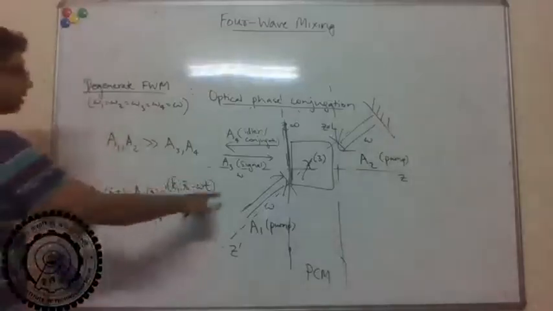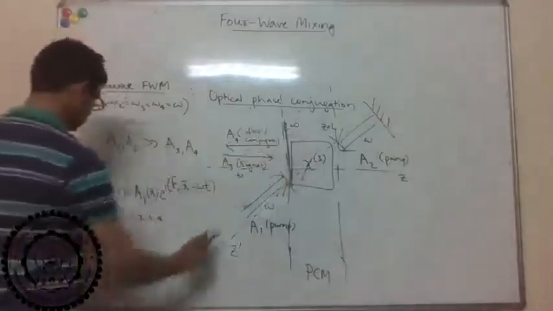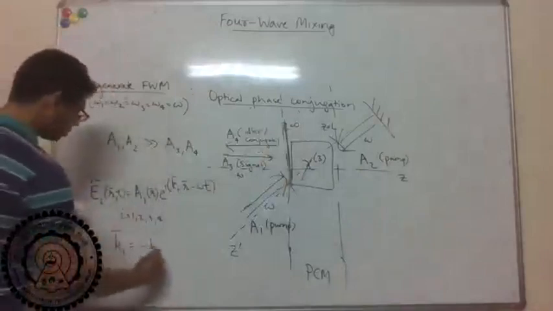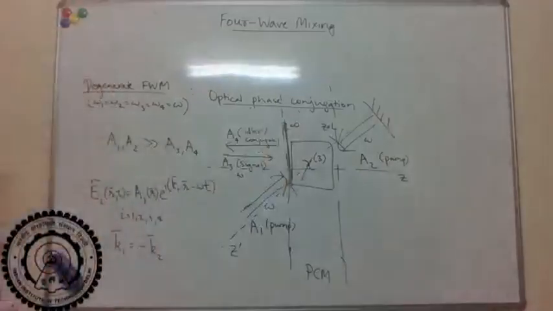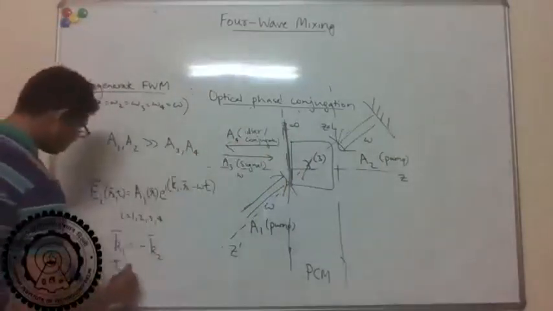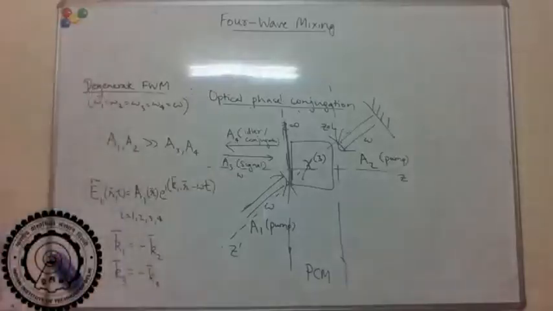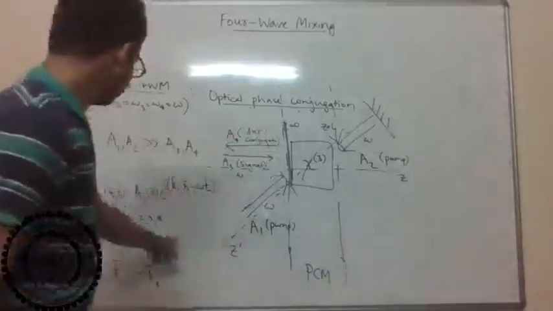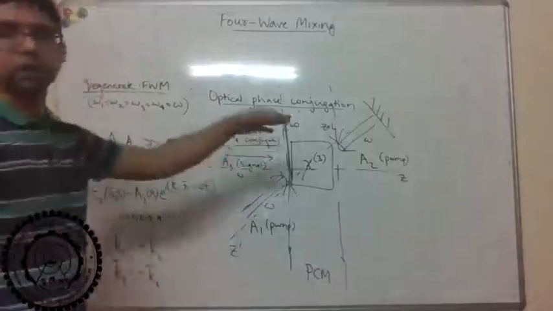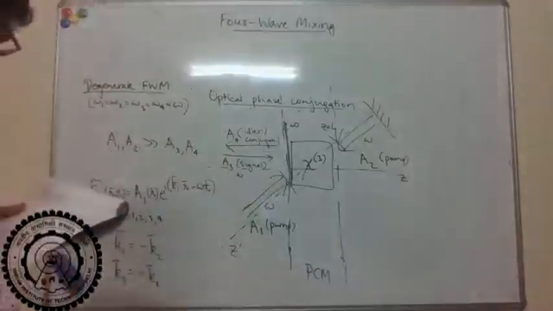And our setup here is that the direction of k1 is opposite to k2, and similarly k3 is opposite to k4. So we have 4 beams which we are distinguishing by their k vectors or directions of propagation. They are the same frequency.